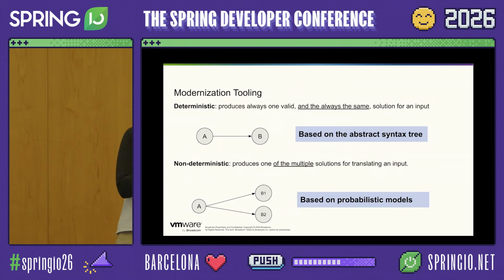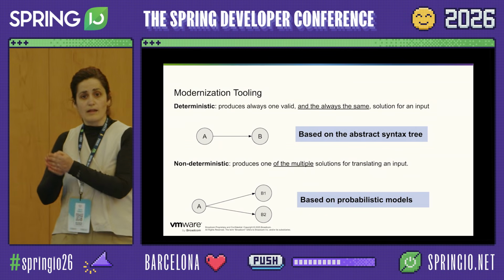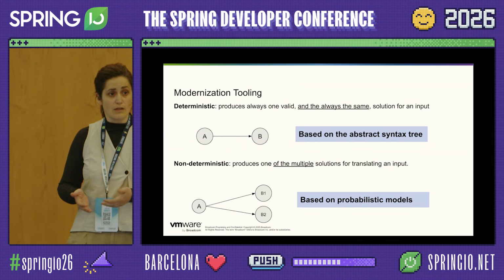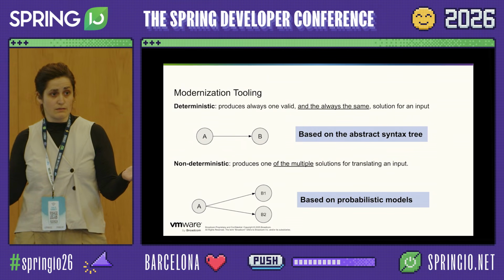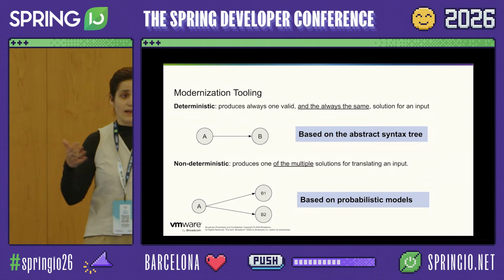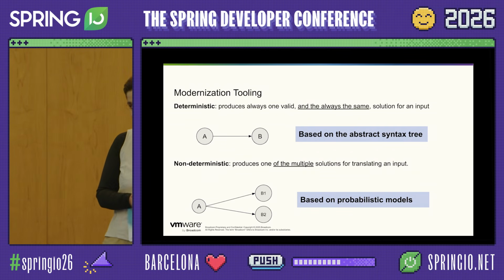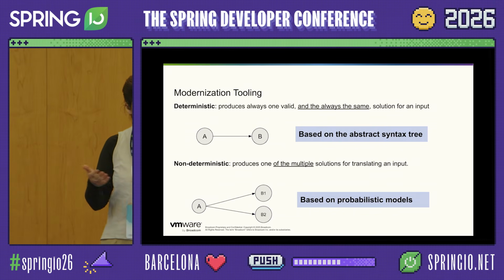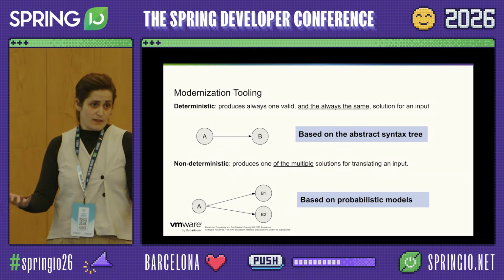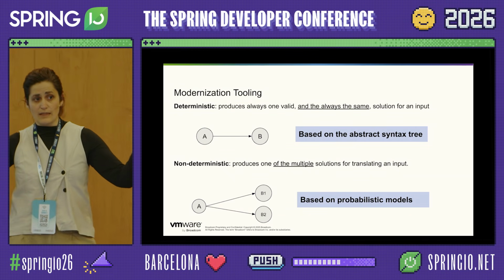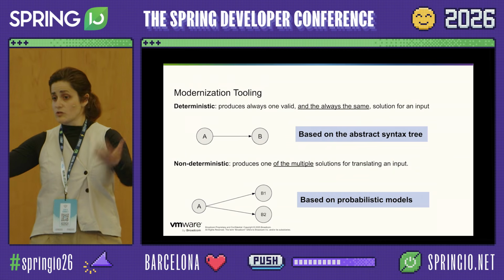But there are also non-deterministic problems, like generate my Java documentation from my existing code. There are multiple ways to generate the text and the description, and hence there are many opinions. LLMs usually fit under the non-deterministic approach, because formally speaking, it's just a matter of having multiple options, and then probabilistically, the LLM chooses one of them.